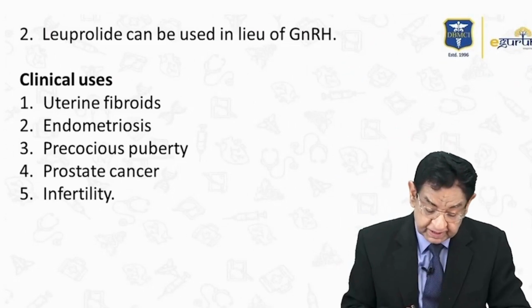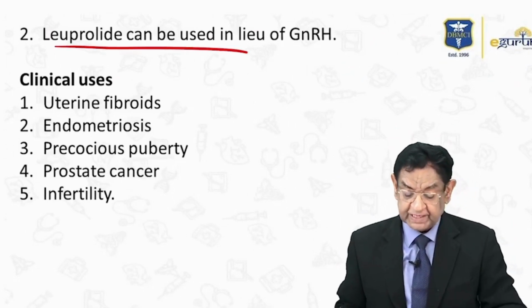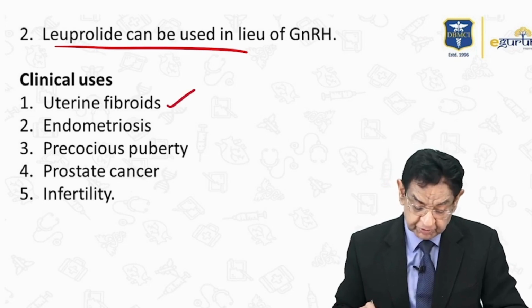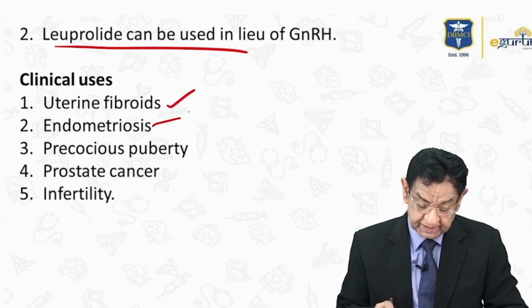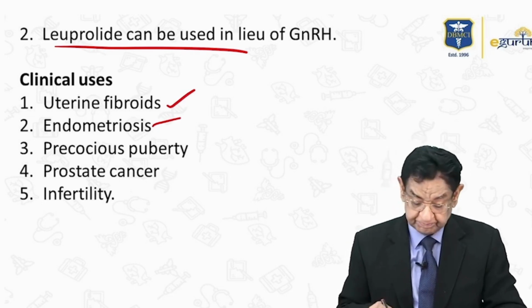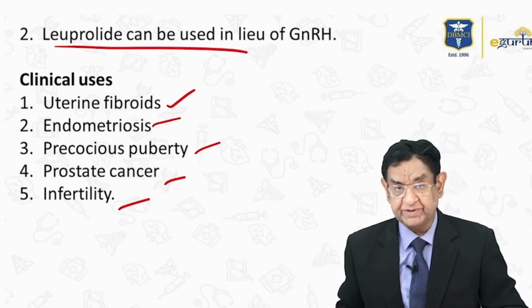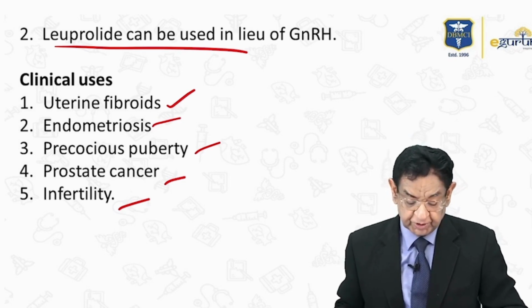Now, leuprolide can be used in lieu of GnRH. We use it for uterine fibroid, endometriosis, precocious puberty, prostate cancer and infertility.